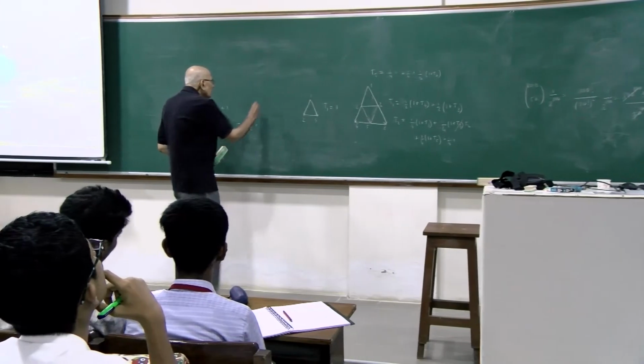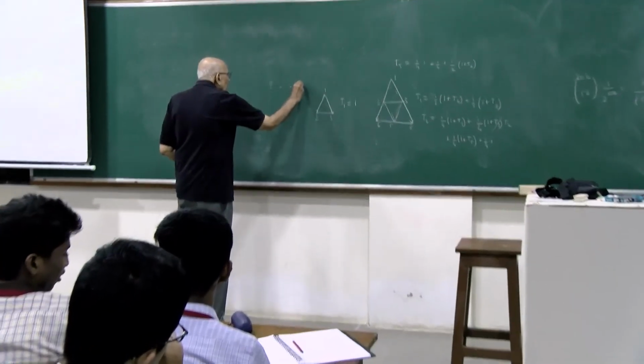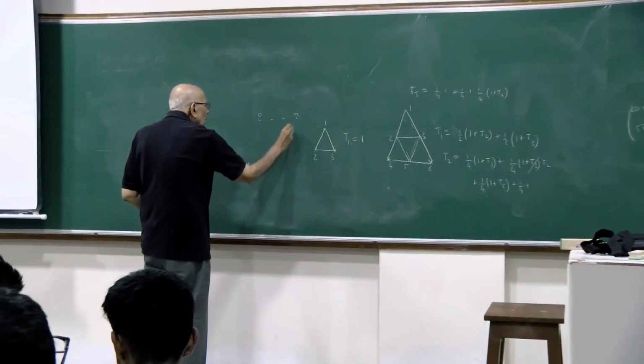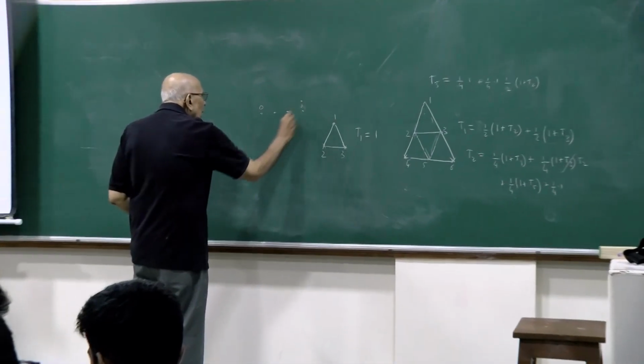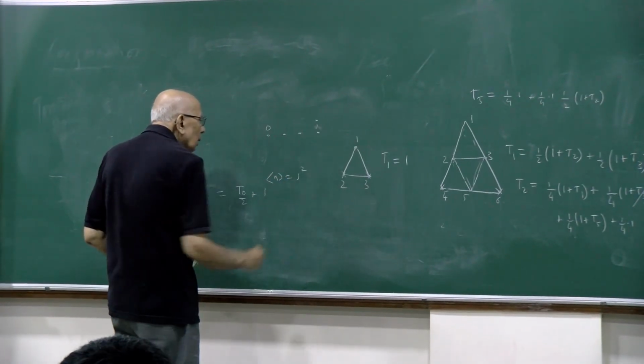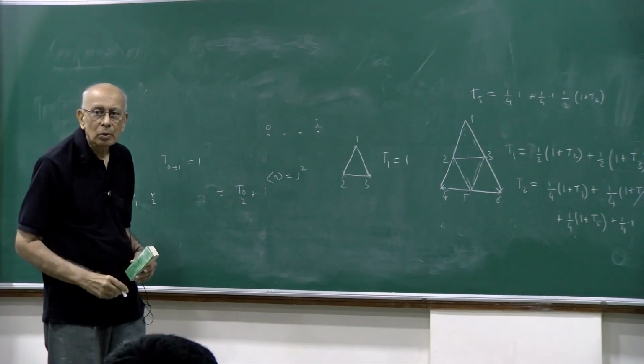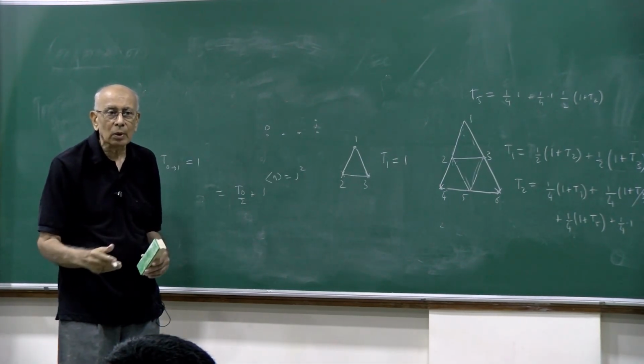On a linear lattice, 0, 1, 2, 3 up to n, to get to the point j, the mean time is equal to j squared, just the square of the site number. So to go twice as far, it takes 4 times as long.